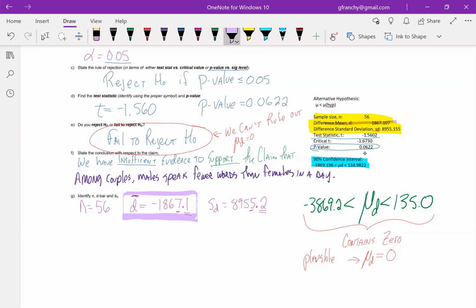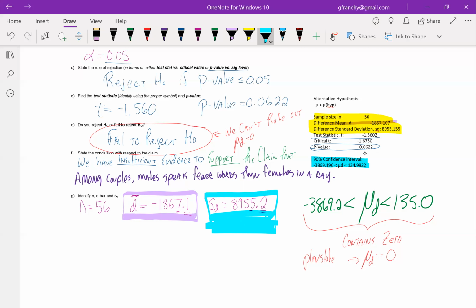That may seem like a lot, but what puts distance into perspective in terms of close or not close is the standard deviation. And our standard deviation is almost 9,000 words a day. So that's something that goes ahead and puts this difference into perspective.